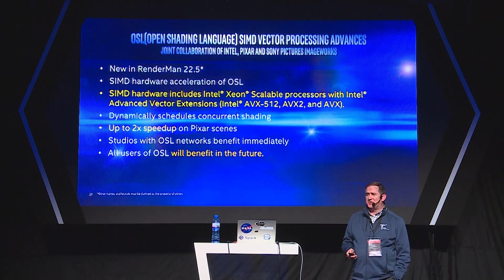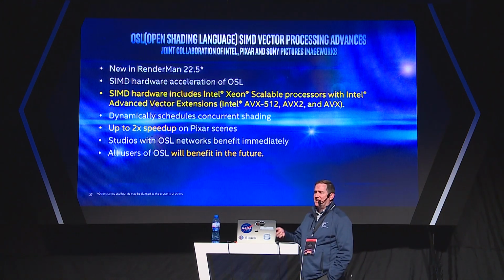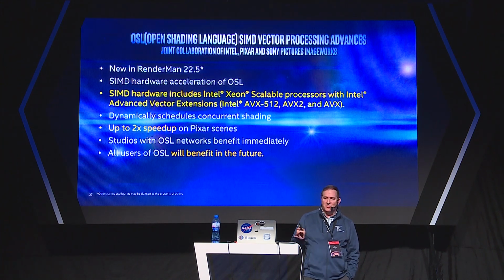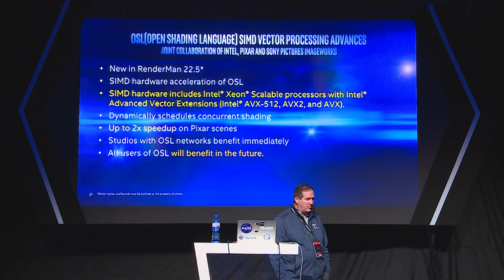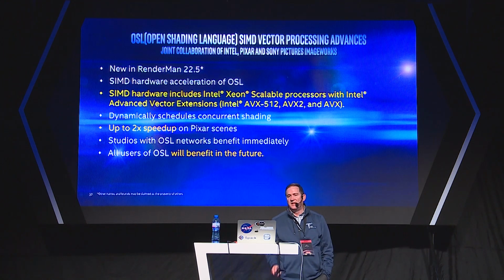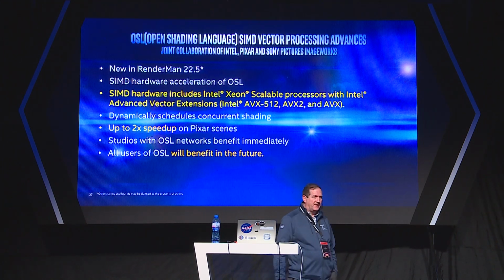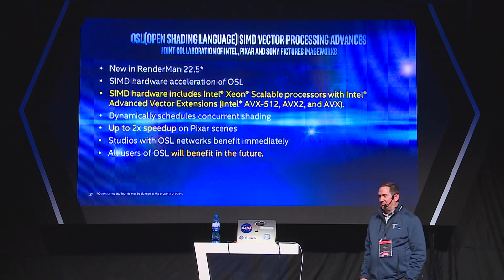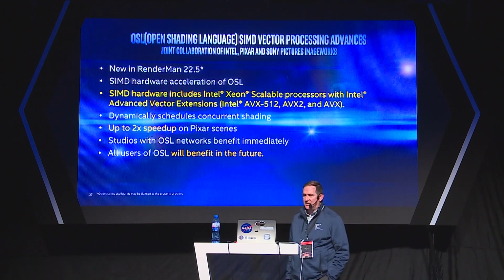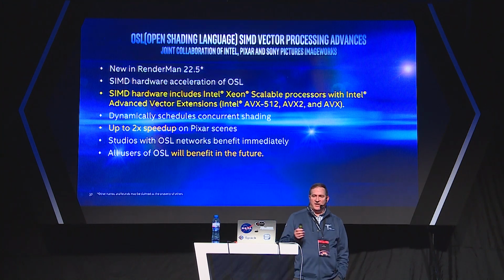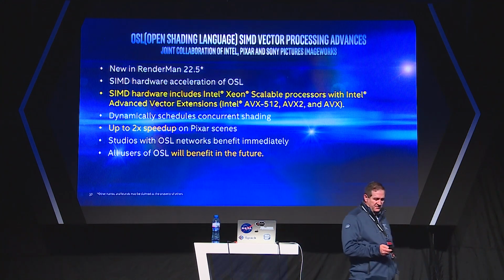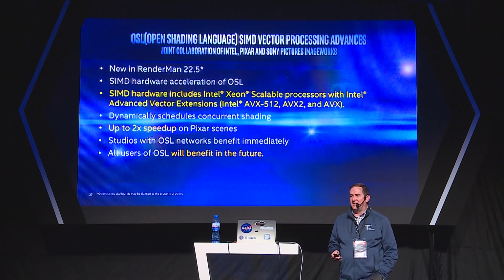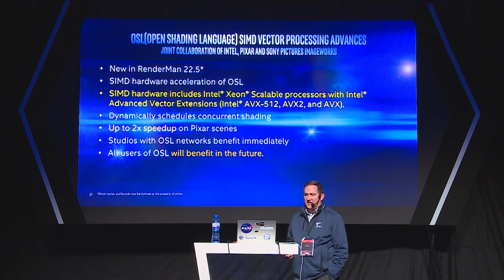All these optimizations, which have been worked over 2 years, incrementally added, have now hit the point of 80-20, where the majority of the stuff is in there. We're close collaborators with the industry, with our partners. If you have a great idea, feel free to contact me or anyone else. But we're seeing a 2x speed up on some shading scenes from Pixar, utilizing, again, things like our Xeon scalable processors.